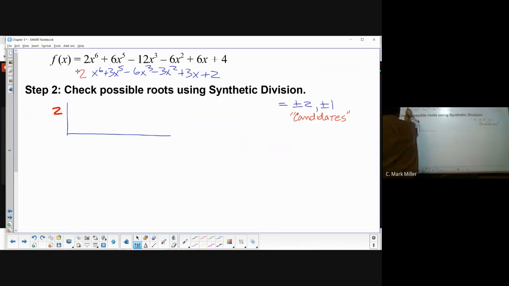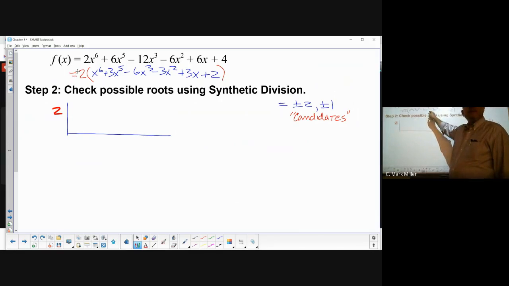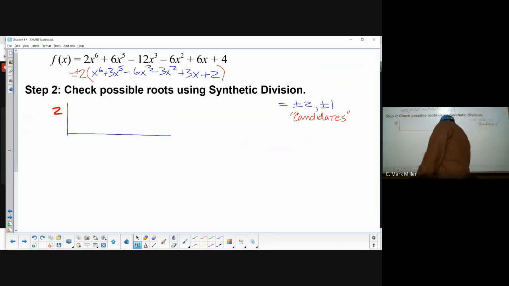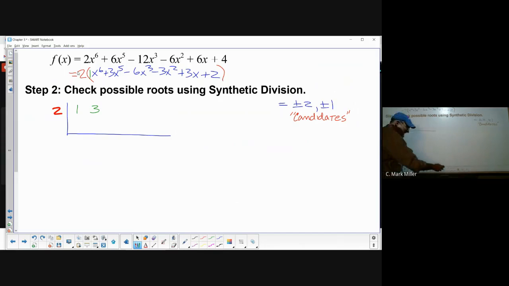So we had a 2 up there, and we're working on factoring this inside. Question: what are the coefficients? The coefficients are 1 for x to the 6th, 3 for x to the 5th. Remember I said there's no x to the 4th? You're going to have to put in 0 for x to the 4th. You've got to do that or you'll get the wrong answer. Trust me, I've made all the mistakes.